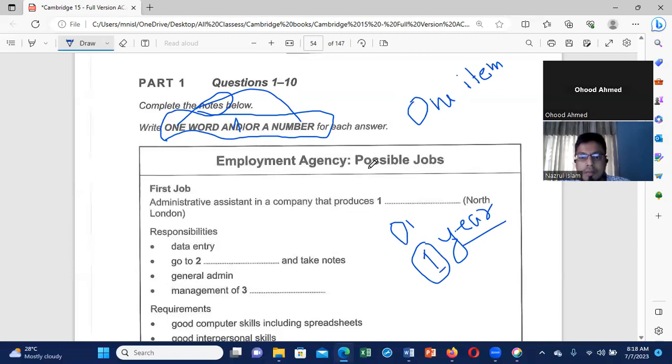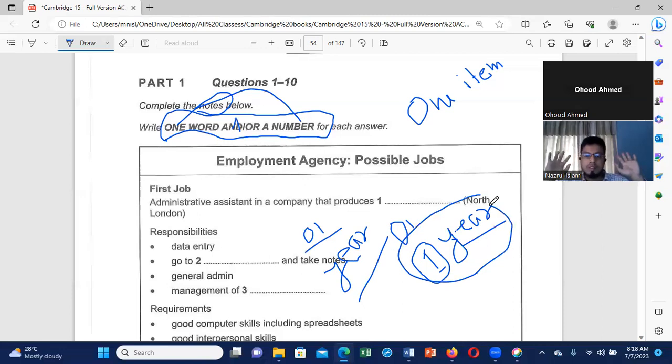But if I say year, one word. If I say one, this is number. Clear? So one word, one number, or a number, then one word and a number. Clear now? Perfect.